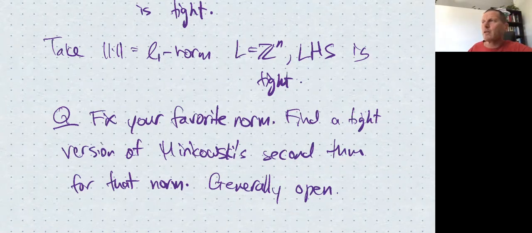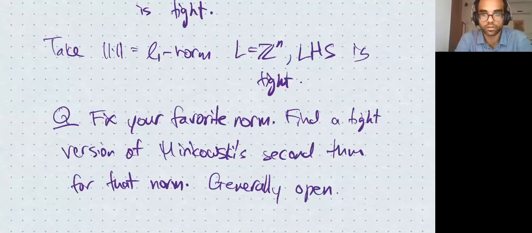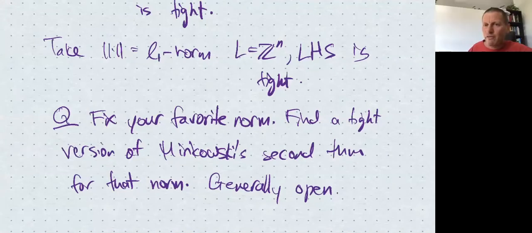You could talk about your favorite dimension or your favorite norm, assuming you have a favorite dimension and a favorite norm. You could also talk about a family of norms with a uniform definition, like an L infinity norm or an L2 norm or an Lp norm, and then think about what happens in the limit when n gets large. And in all of those regimes, there are lots and lots of open questions.